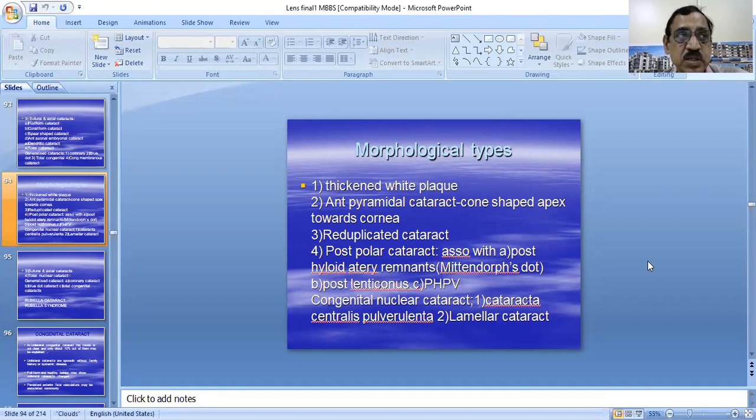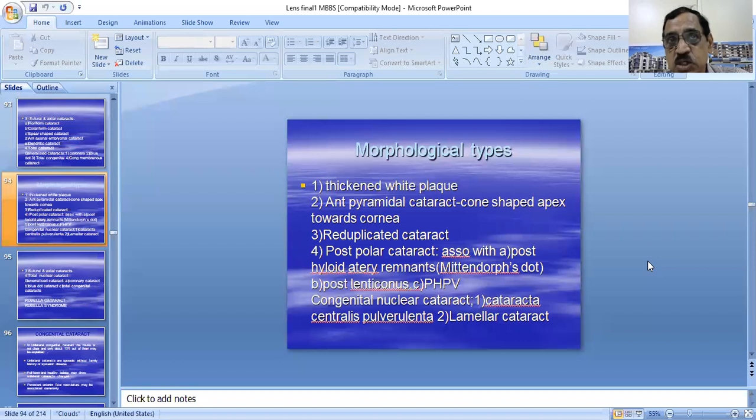The child will be born with an embryonic cataract. Since the central opacity is in powdery form, it is called pulverulenta.